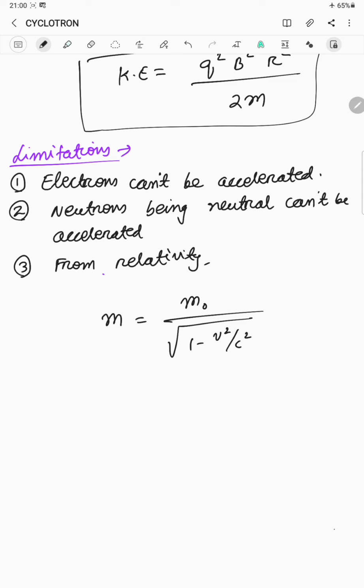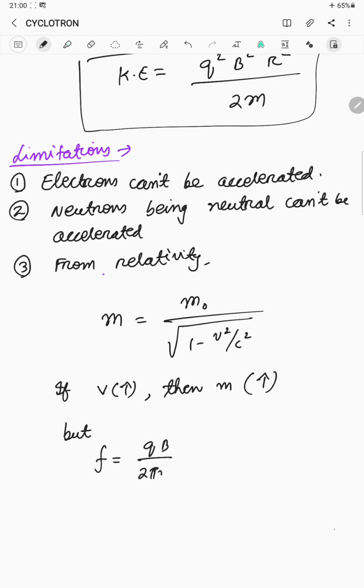In this equation, if I increase the value of v, that means the velocity of the particle increases, then the value of m will also increase. But look at the formula for frequency: f is equal to qB by 2 pi m. So m is increasing, which implies f has to decrease.